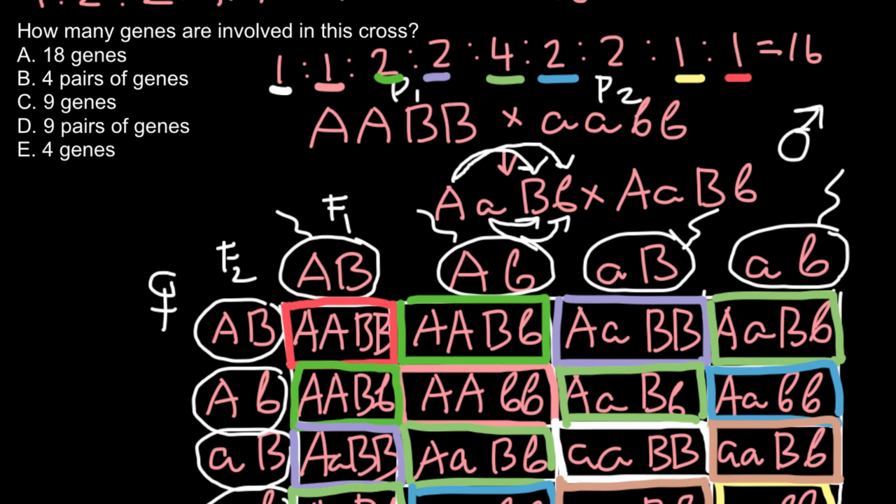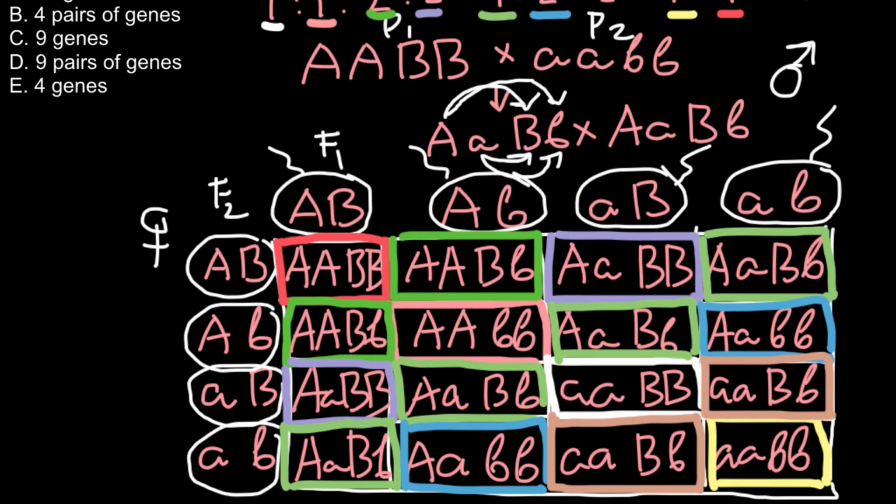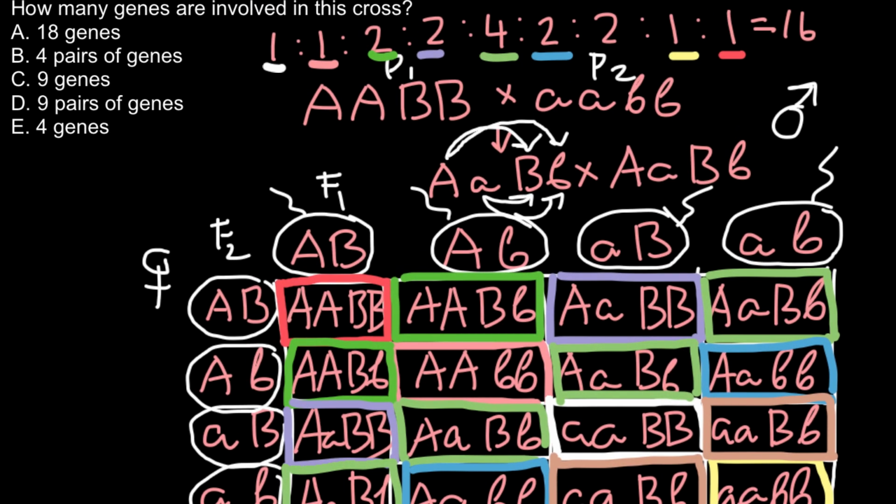And as you see, we have the same balance between all these different genotypes. And since genotype here equals phenotype, we would have the same ratio as in our problem: 1 to 1, 2 to 2 to 4 to 2 to 2 to 1 to 1.